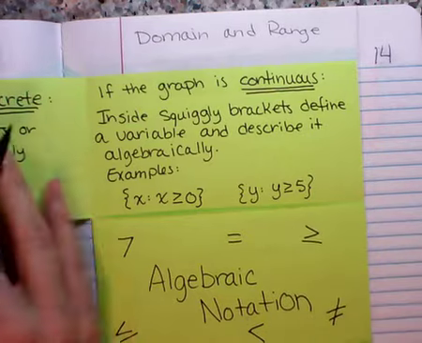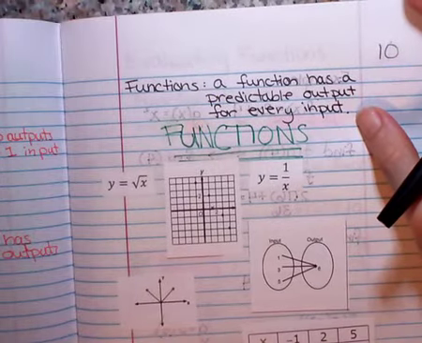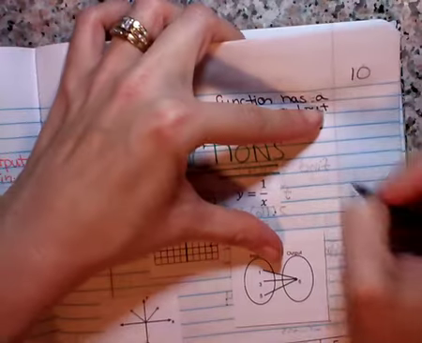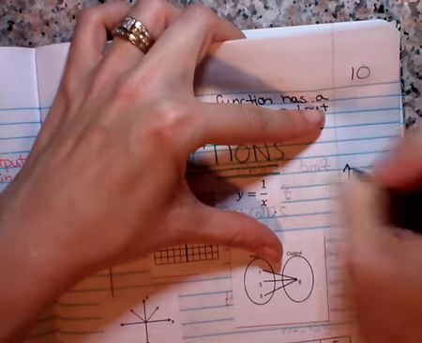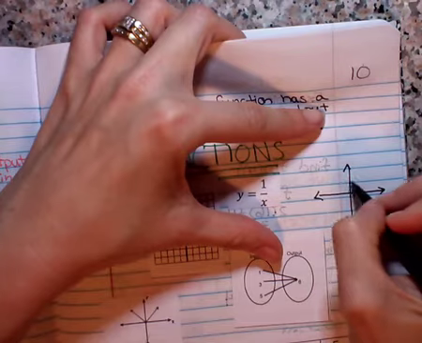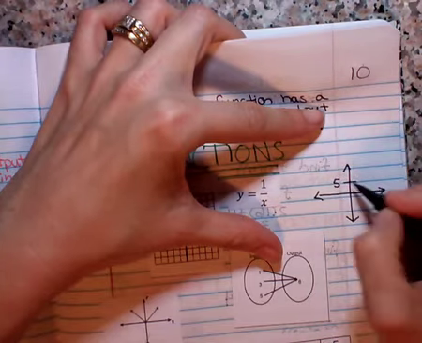So let's look at an example. For example, if we had a graph, and we don't have one here, so I'm going to draw in a graph that is a function. And I'm going to say we're going to start at a y value of 5.